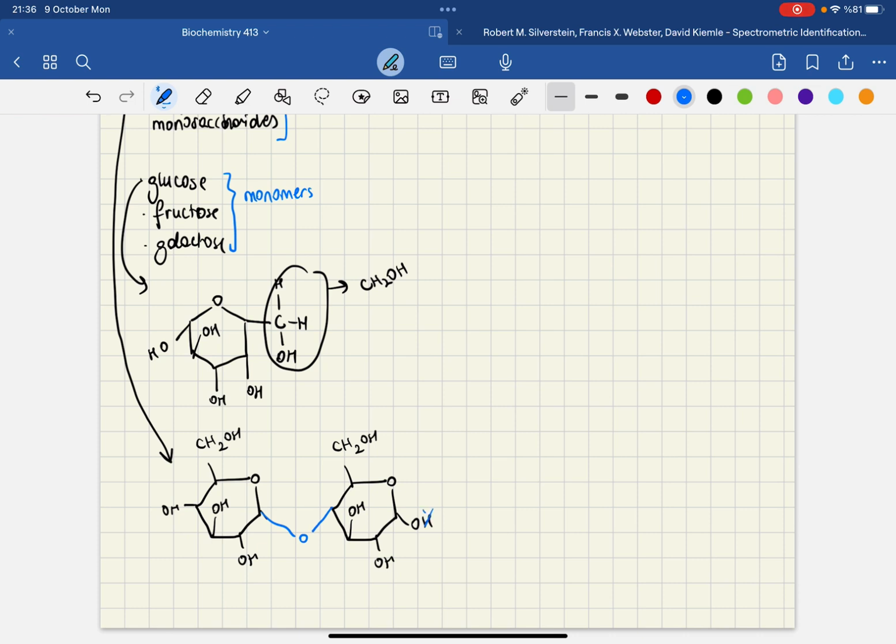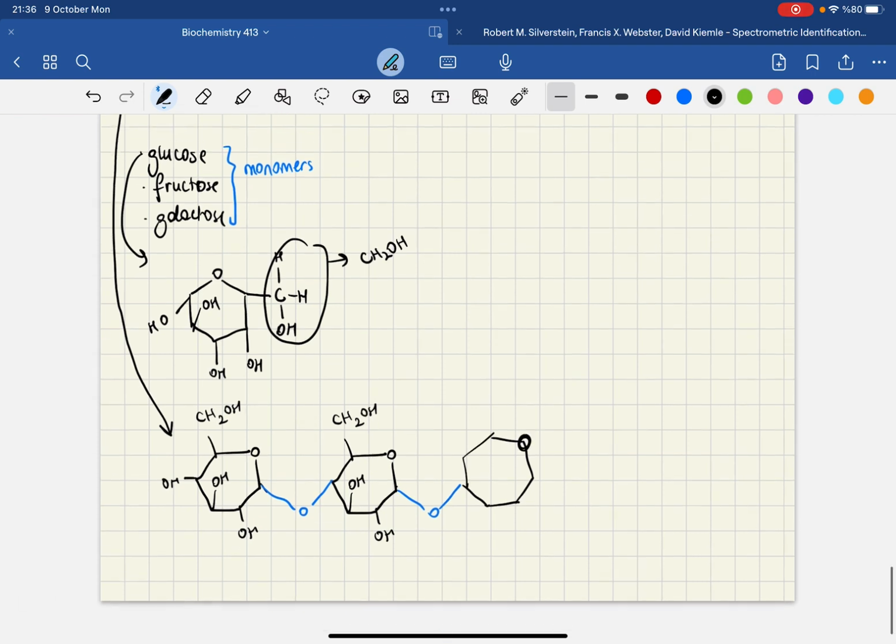Similarly, we won't have hydrogen over here. We will just have oxygen, and we will have our usual molecule like this. It is exactly the same.